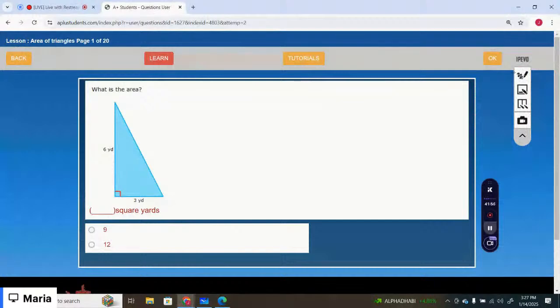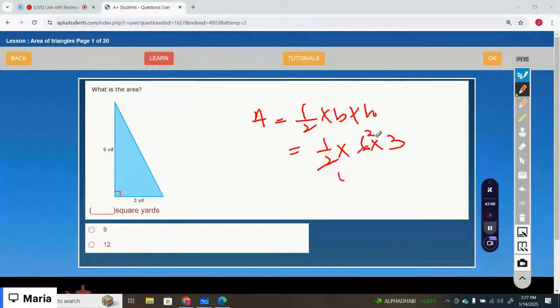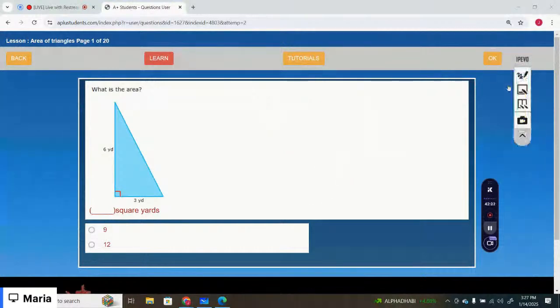You have to use the formula, A equals half times base times height, right? So that is half times 6 times 3. 2 times 1 is 2, 2 times 3 is 6. So that would be 3 times 3 is 9. Very good. The correct option is option number 1.